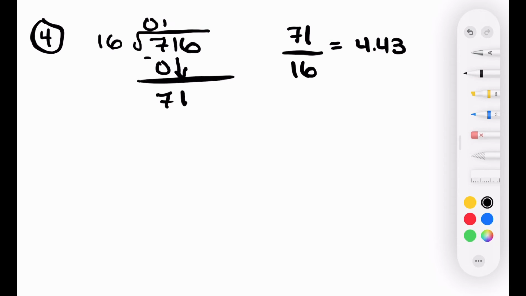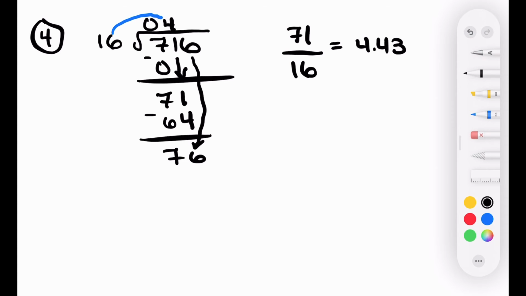So we're going to write 4 in our quotient. Now we have to say, what's 16 times 4? 16 times 4 is actually just going to give us 64. When we subtract these two, we're going to be given a 7. Then we're going to drop our 6 down.